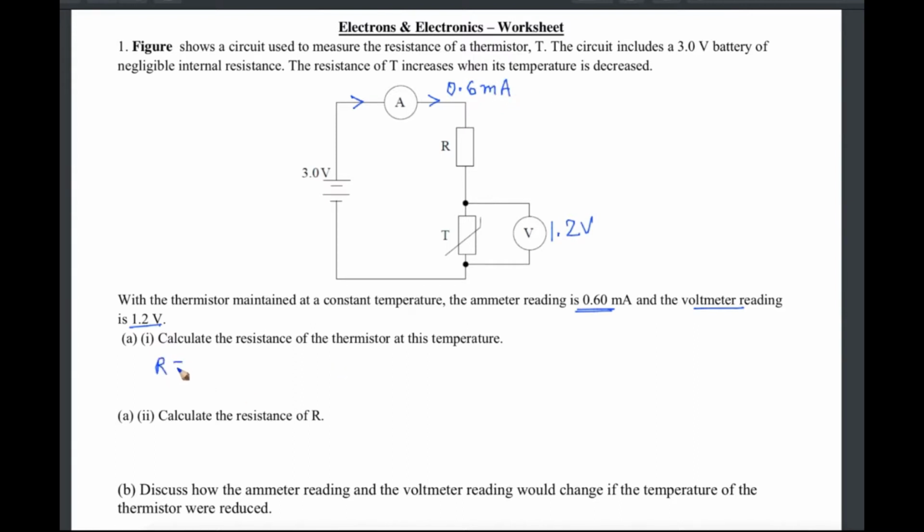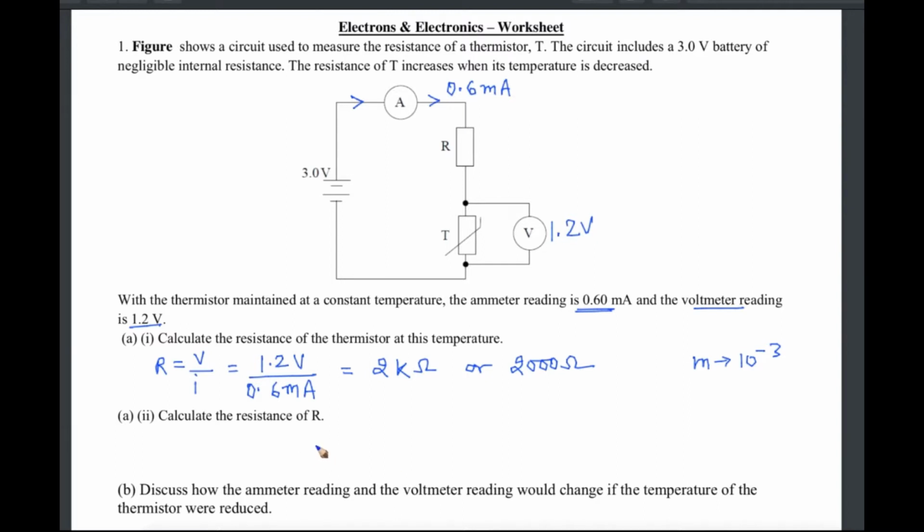Resistance is equal to voltage divided by current. So voltage is 1.2 divided by 0.6 milliamps. If you divide, this will give you 2 kilo ohm or 2000 ohm. Don't forget to convert milli: 1 milli is equal to 10 to the power negative 3.